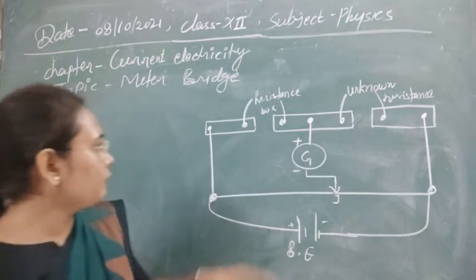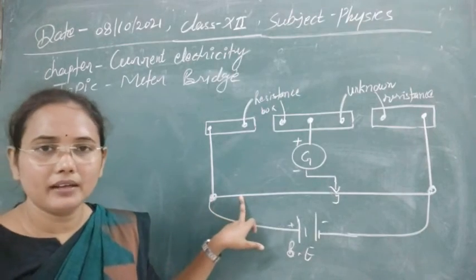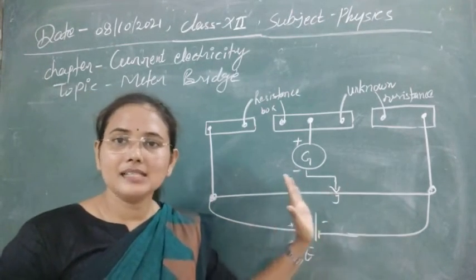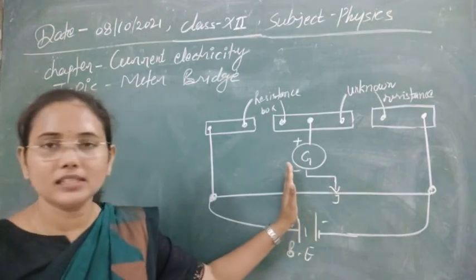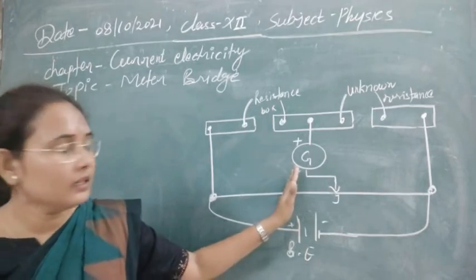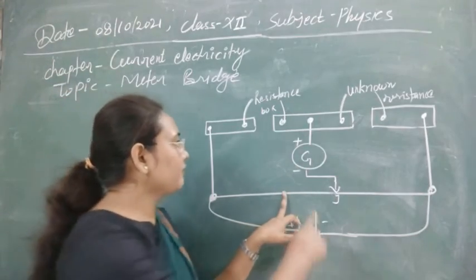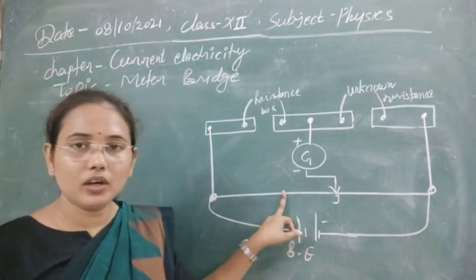So for that we start to move this jockey over this wire. Whenever we move the jockey over this wire, the resistances increase or decrease according to this movement, because the length is changing. Up to a point at which the deflection in the galvanometer becomes 0, we just keep the jockey constant there.